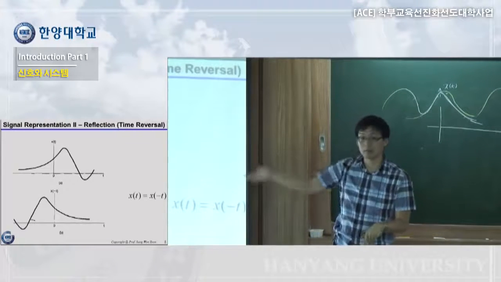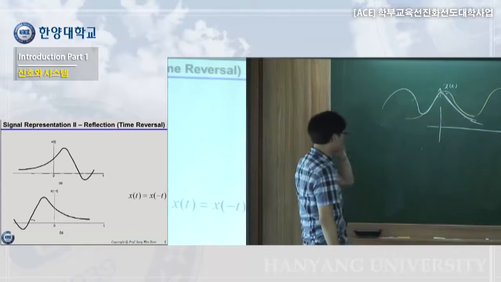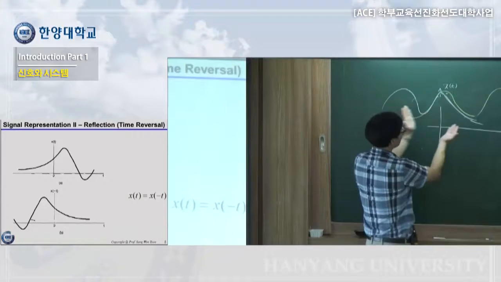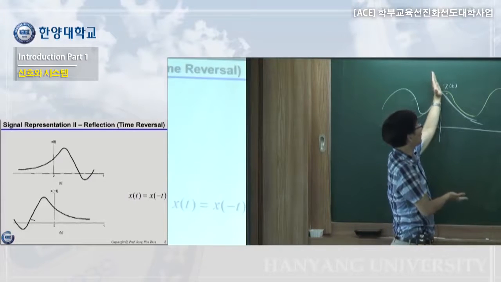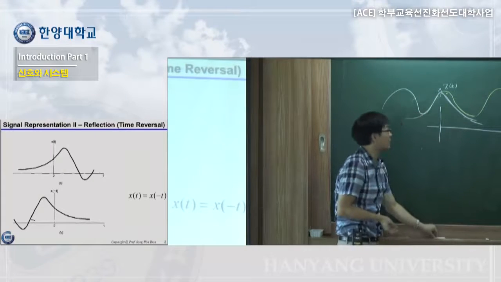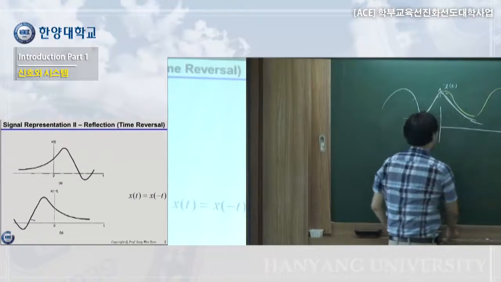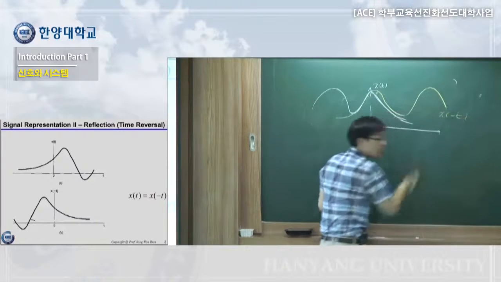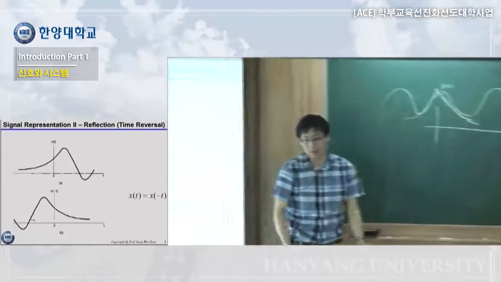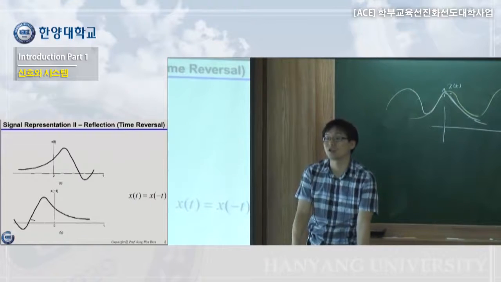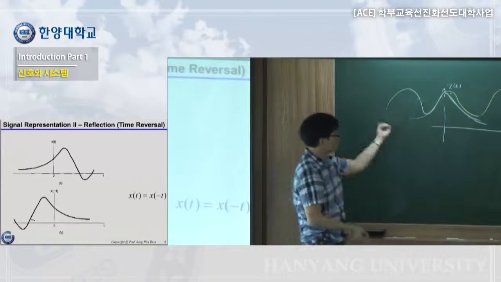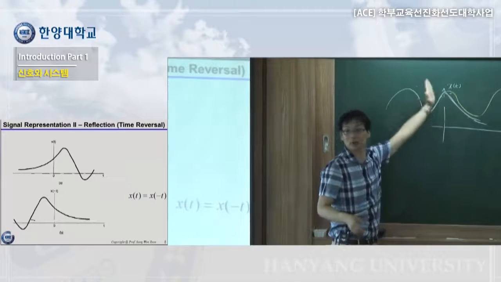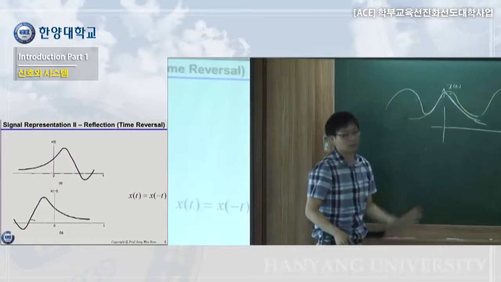Of course, you can see the picture. It's a better picture than me. So basically, this white one and this yellow one are symmetric about the y-axis. This yellow one we can define as minus t. That's called time reversal or reflection. Basically, they're exactly the same, except they are facing each other across the y-axis.